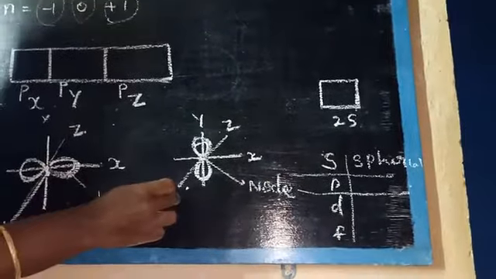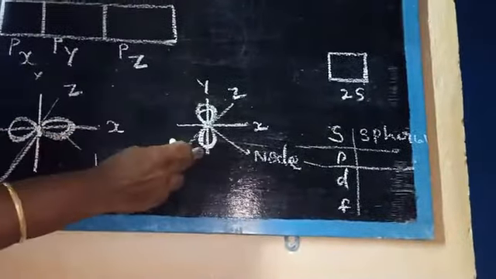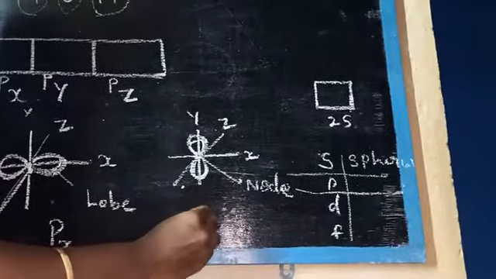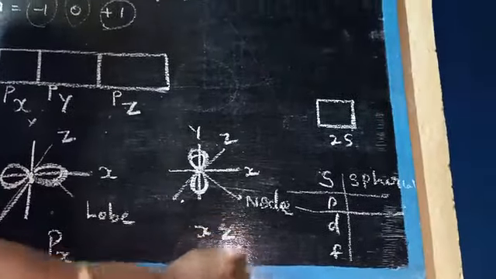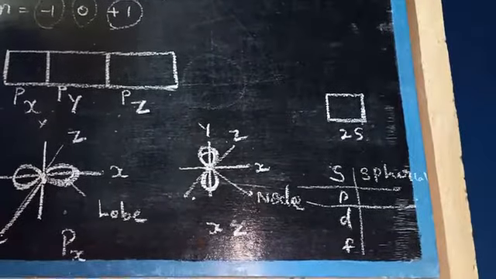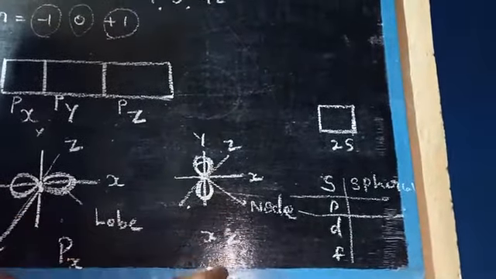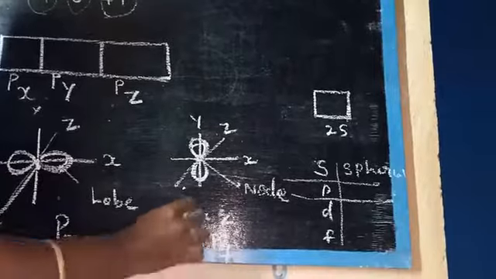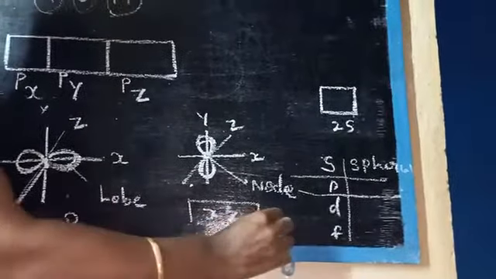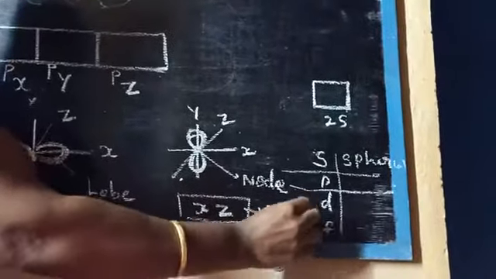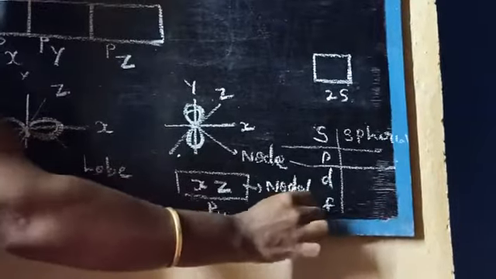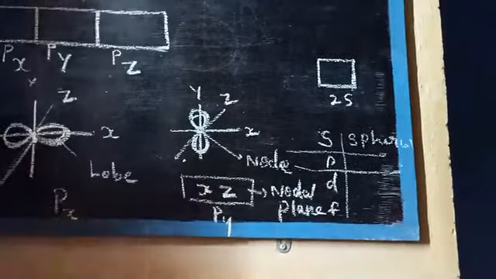Here, because the electron is present in y, the nodal plane is xz. Children, this is the diagram for py. The nodal plane is xz.